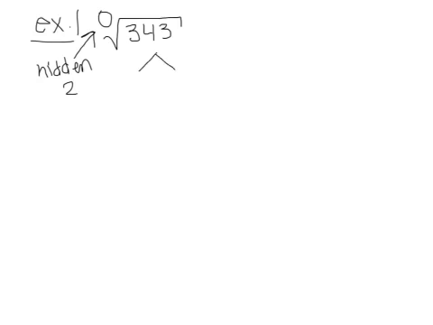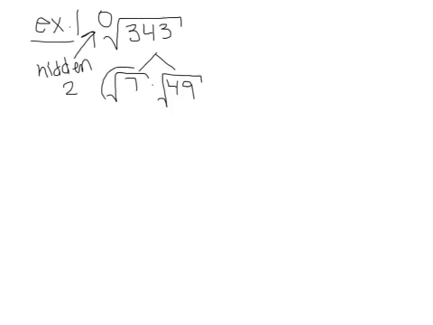So I'm going to look for factors of 343. I know that 7 times 49 will get me there. Always keep in mind that your radical is in this expression. The radical of 7 times the radical of 49 will give you the radical of 343.